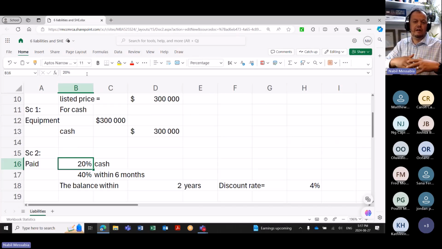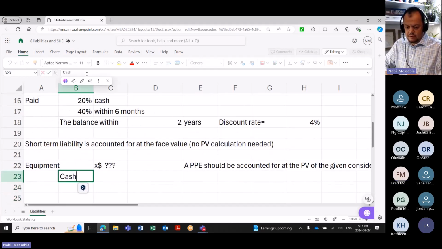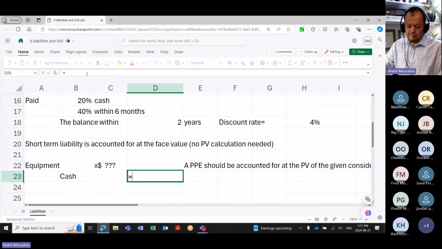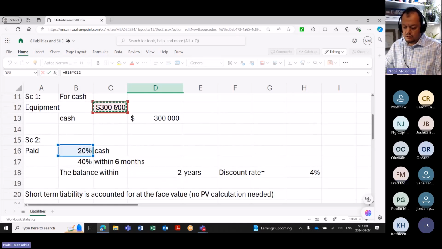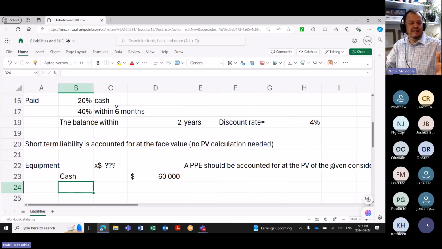The present value of $10,000 is $10,000, so that is the equivalent. So we are going to credit cash for 20% times the listed amount, $300,000. Credit the short-term liability for its present value, where the face value is considered as present value.